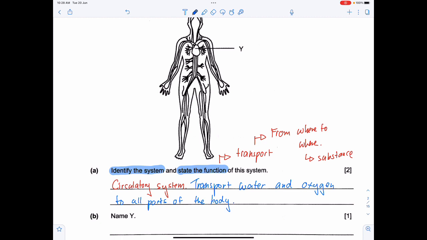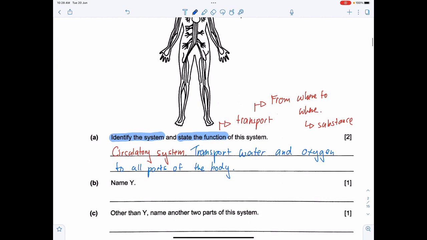If you want to be very specific, you would say that oxygen is from the respiratory system, and water would be from your digestive system. When you drink water, it goes through your digestive system.